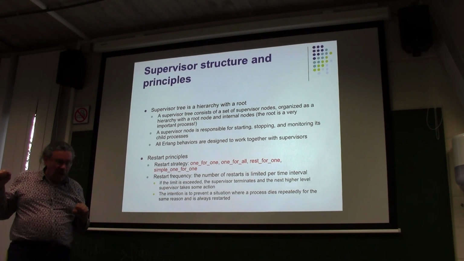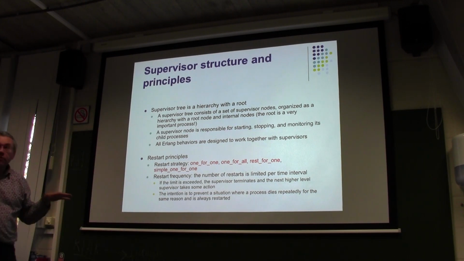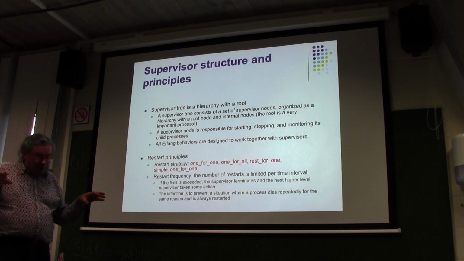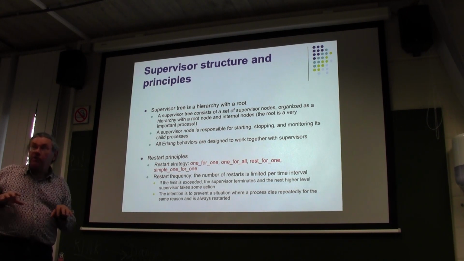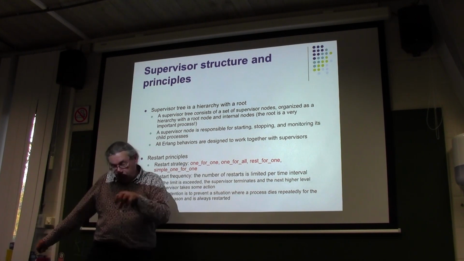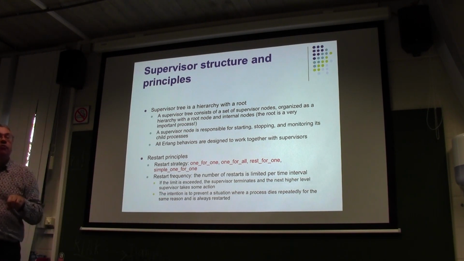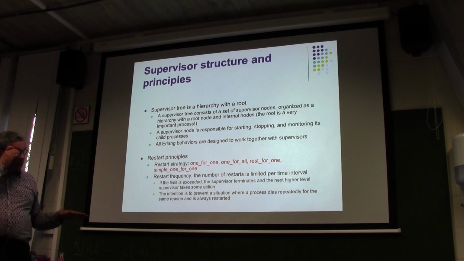And it depends on whether the nodes are doing independent tasks or whether they're working together. If the nodes are working together, maybe like a big logical thing where they're all implementing business logic or something, then you do 1 for all.